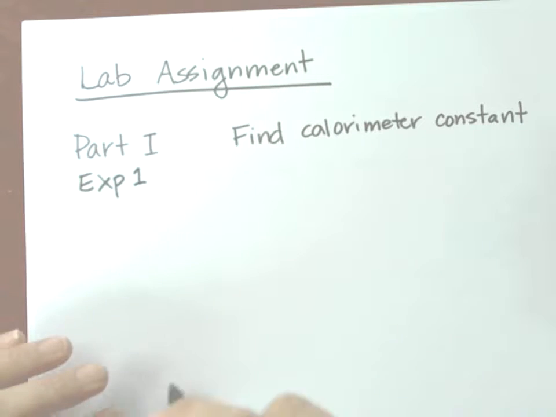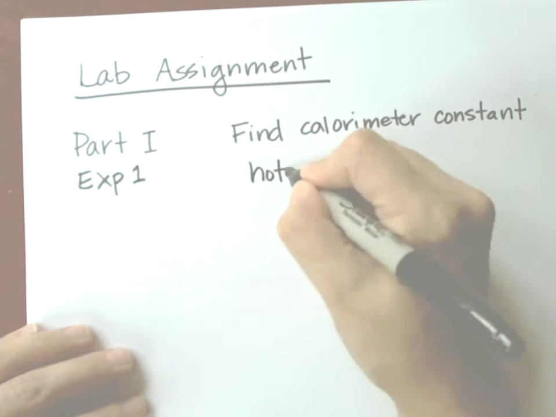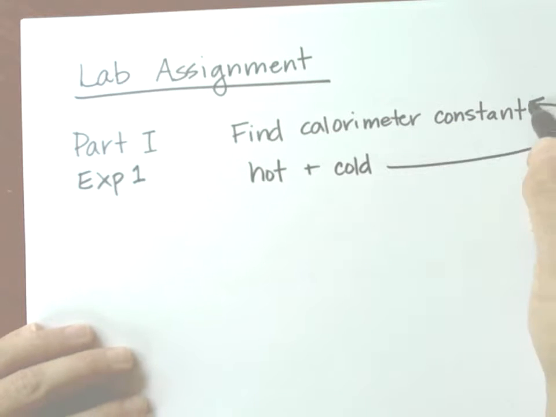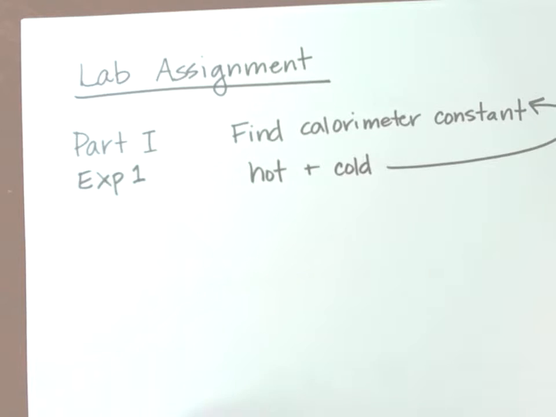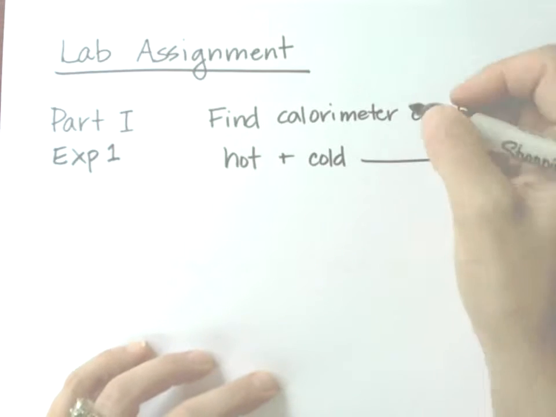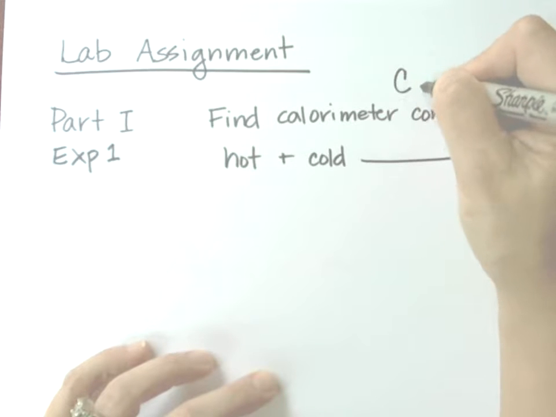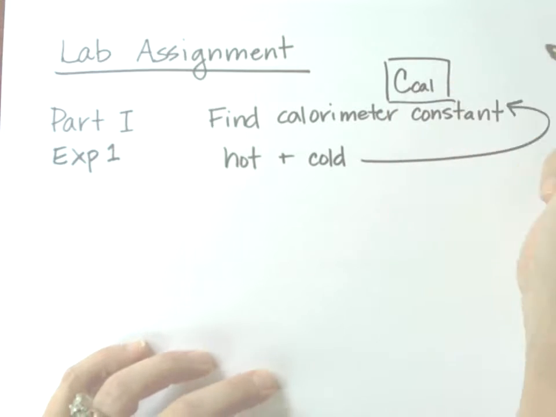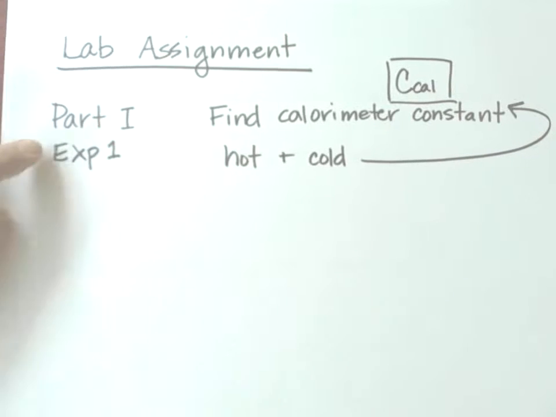And this is where you take some hot water and add it to cold water, and the whole purpose of this is to find the constant for the calorimeter, which is the actual device that we're using. That's the whole purpose of experiment 1.